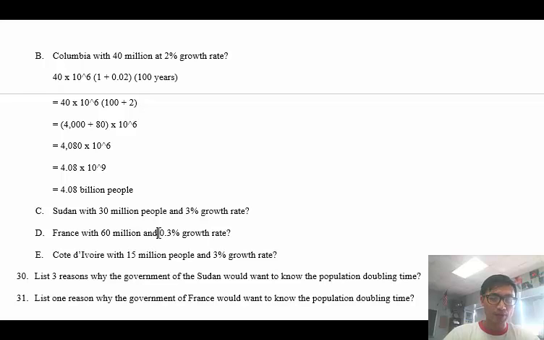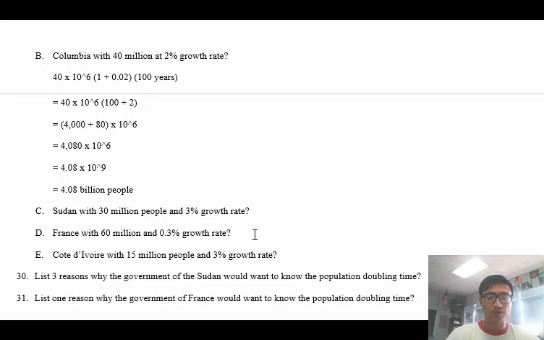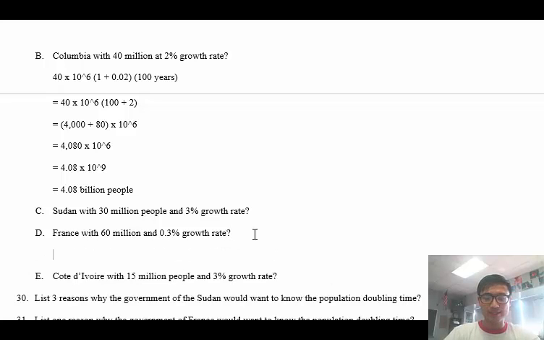Now, real quick with D, since it's going to be 0.3%, I'm going to go ahead and set you guys up with the problem. So this is letter D for France, right? So we do 60 million, so 60 times 10 to the 6th, times 1 plus 0.00, and instead of saying 0.3, since it's going to be 0.3%, it's going to be 0.003.